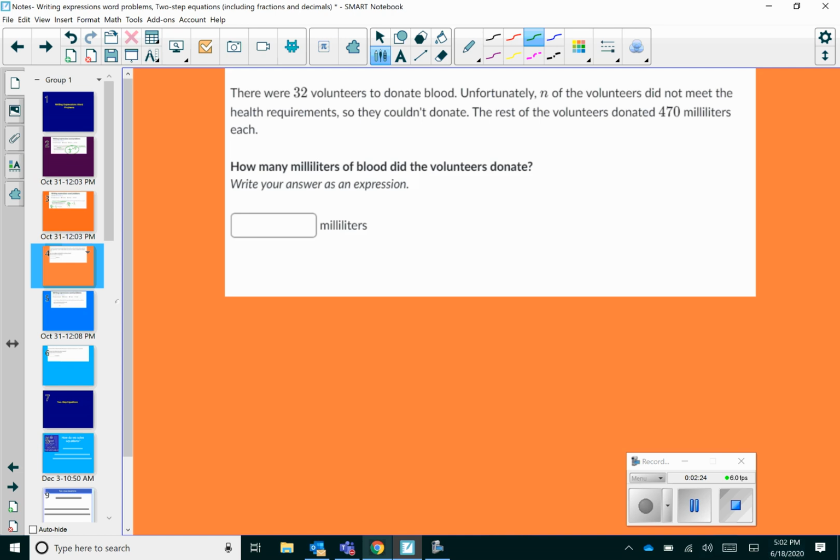Next one, there were 32 volunteers to donate blood. Unfortunately, N of the volunteers did not meet the health requirements, so they couldn't donate. The rest of the volunteers donated 470 milliliters each. How many milliliters of blood did the volunteers donate? This one's a little bit tricky because they're telling you that you're starting with 32 volunteers, but then N of them did not meet the health requirements.